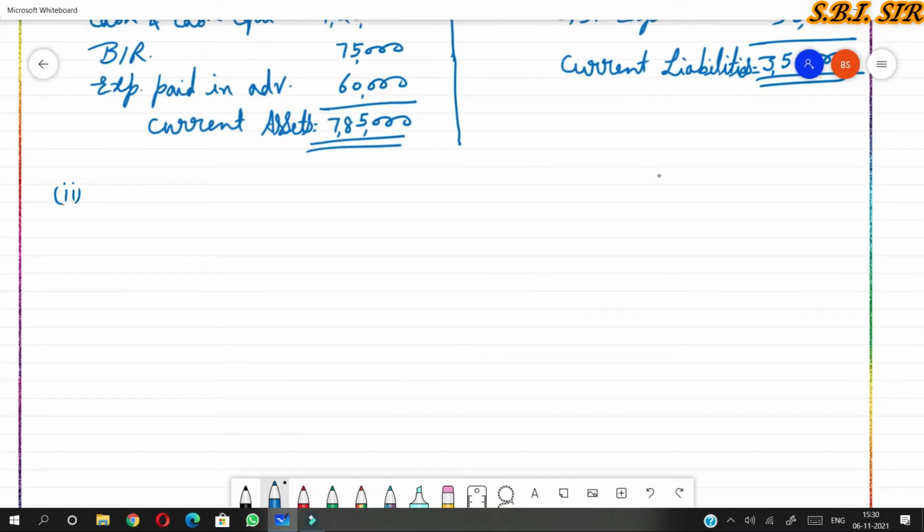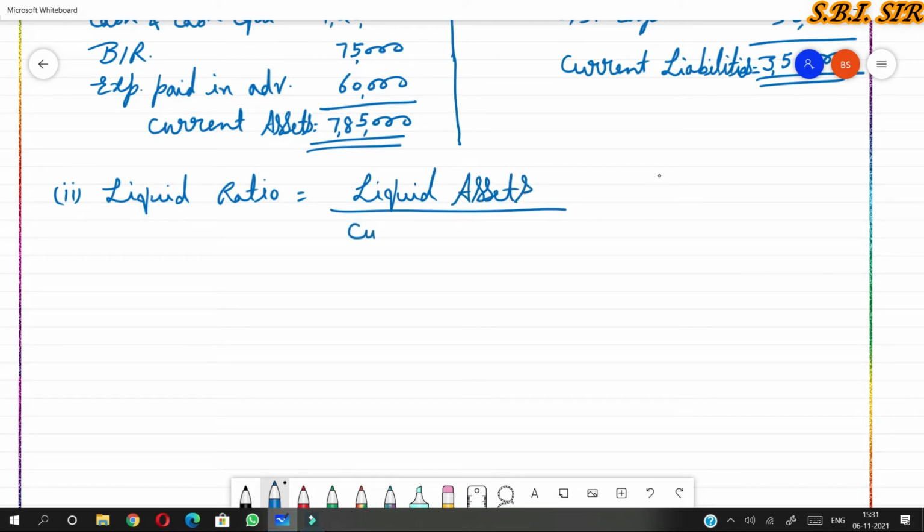Formula for liquid ratio equals liquid assets divide by current liabilities.